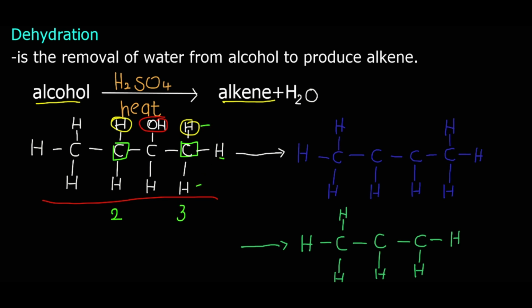So this means we have to remove this one because it has only 2 hydrogens. We remove this OH, and then remove that hydrogen. So we add the double bond where we removed the OH and the H. So we have a double bond here, and now I have a major product.